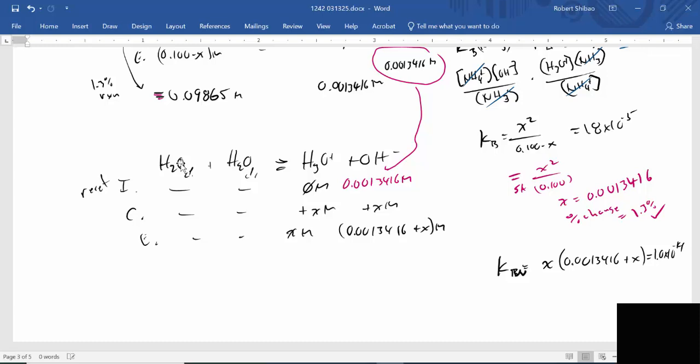And therefore, I'm going to use this simplifying assumption here. So if I use a simplifying assumption, this is going to be X times 0.0013416. And therefore, X is equal to 1 times 10 to the negative 14 divided by 0.0013416.